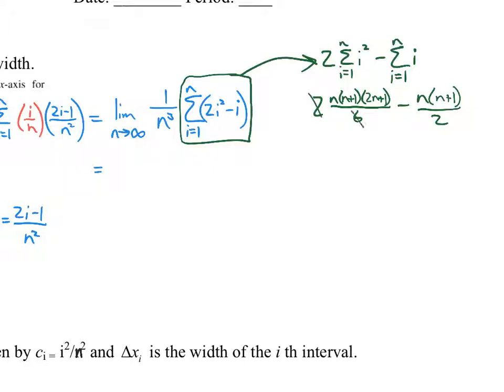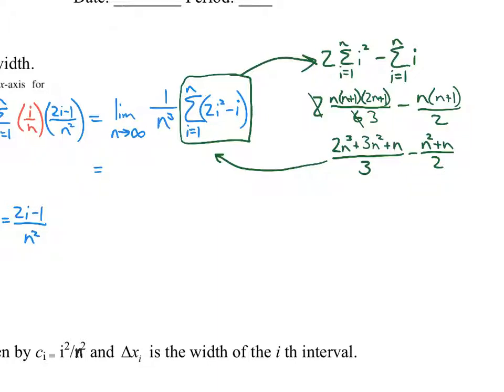So let's see, the 2 cancels with that, and that's a 3. So the whole top is going to be a 2n cubed plus 3n squared plus n over 3 minus n squared plus n over 2. So that is what I'm going to multiply by a 1 over n cubed.